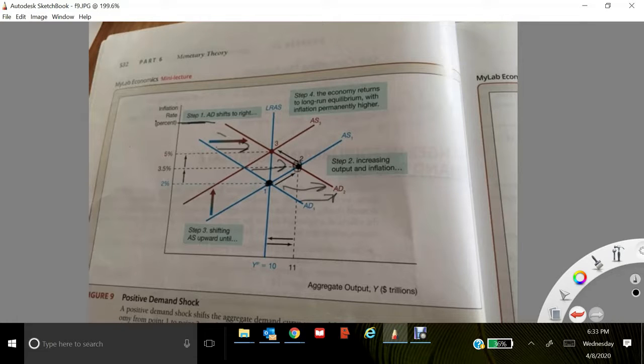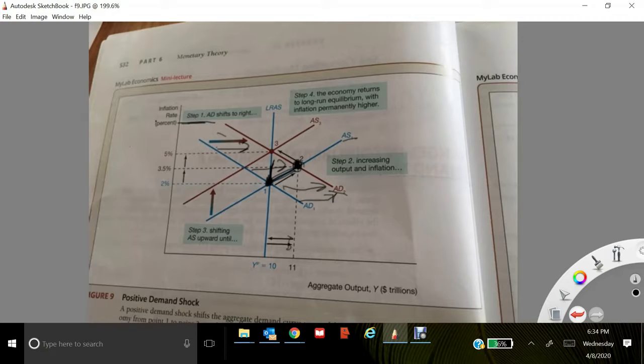Results in a temporary equilibrium. Remember, we're on the intersection of our long-run aggregate supply and our short-run aggregate supply. The new equilibrium would be here. New demand curve, original supply curve. We now have output greater than potential.